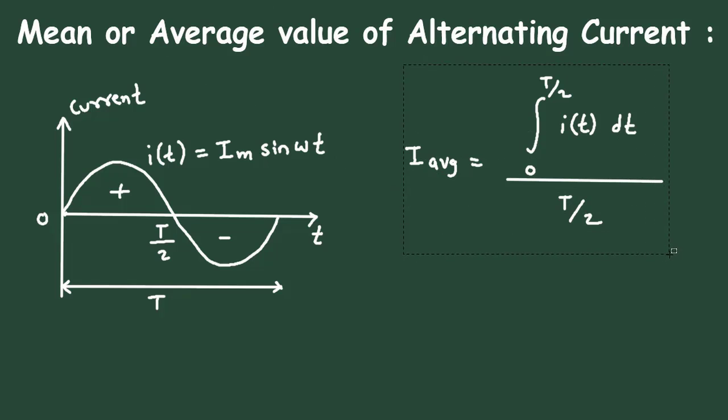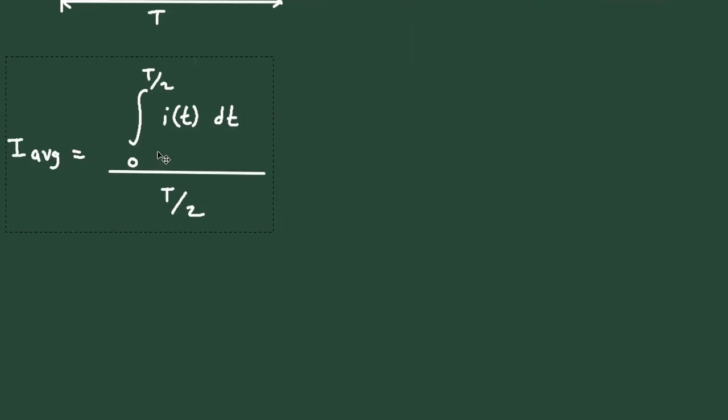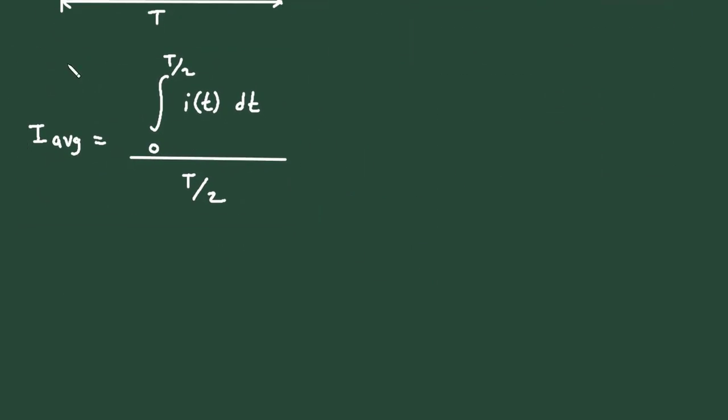Let's take this expression. Now we can rewrite this as 2 by T, integration from 0 to T by 2.